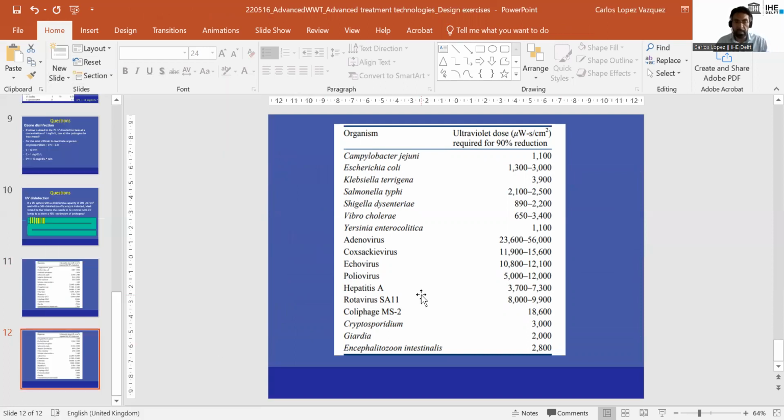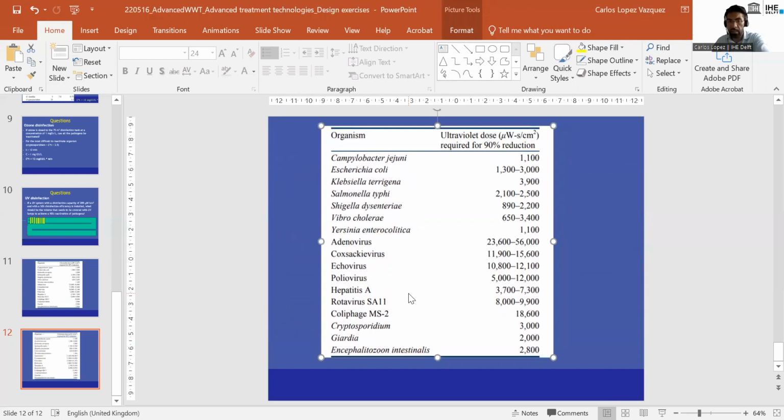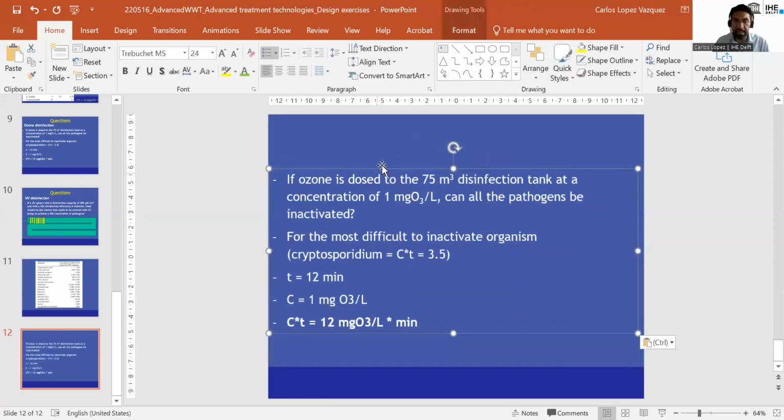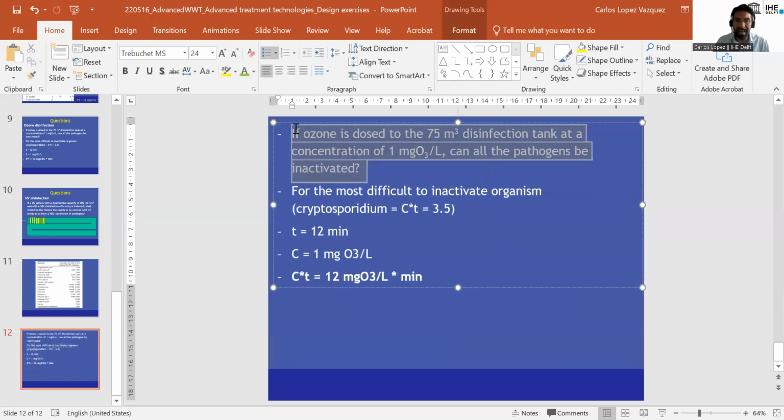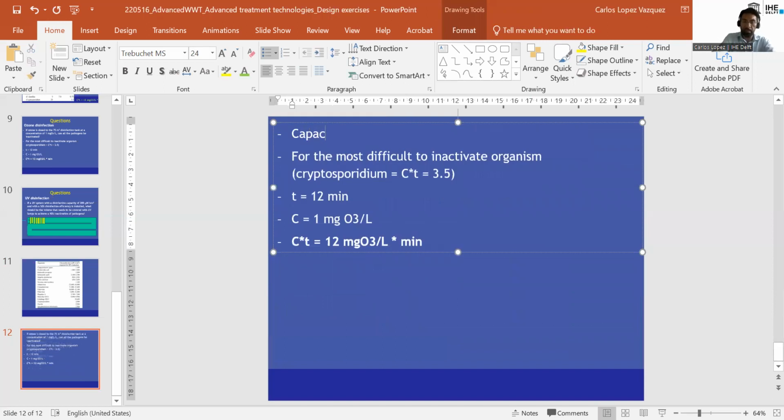I'm going to duplicate this slide. So now for UV light, I have a lamp. The capacity of the UV lamp is 200 microwatts per square centimeter.